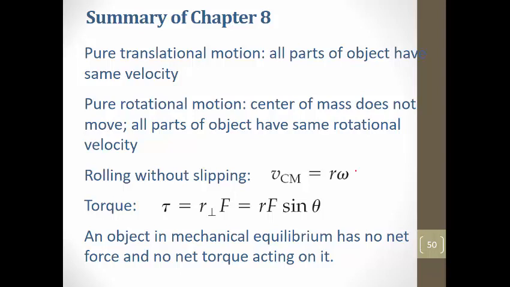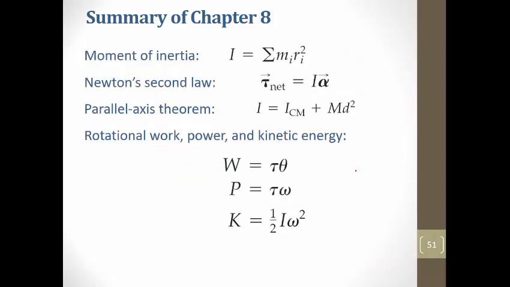And we can have torque, and we can have mechanical equilibrium, which just means that we have statics where the sum of the forces in multiple directions equals 0, and the sum of the torques equals 0. Or we can have the net torque equal to some number, which in turn is equal to I times alpha.